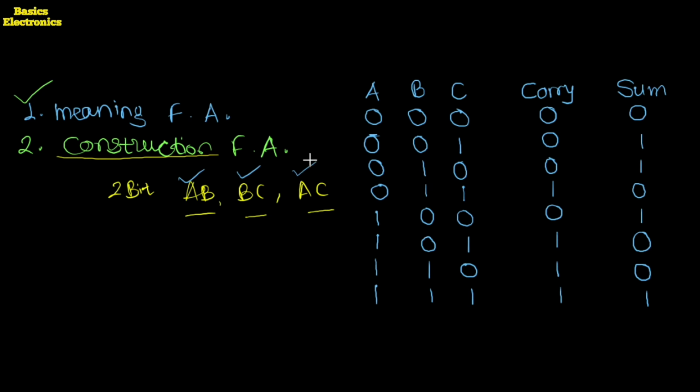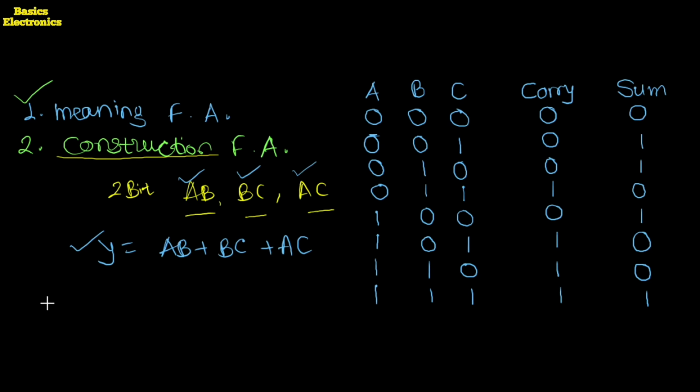The outputs of the AND gates are applied to the OR gate, and the output equation of that OR gate is AB plus BC plus AC. The output of this OR gate is considered as the carry output.